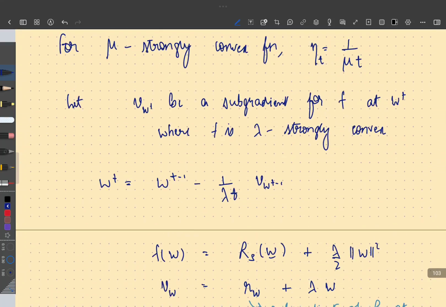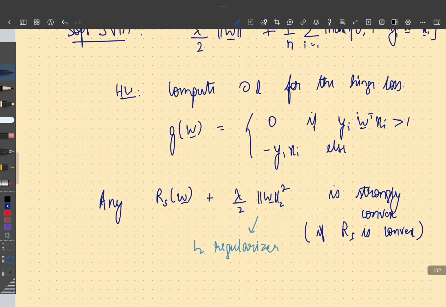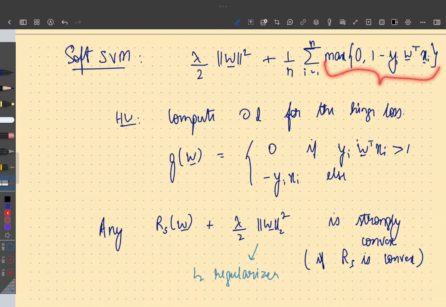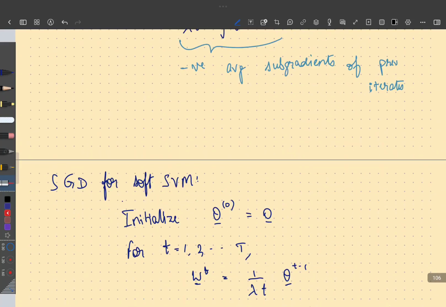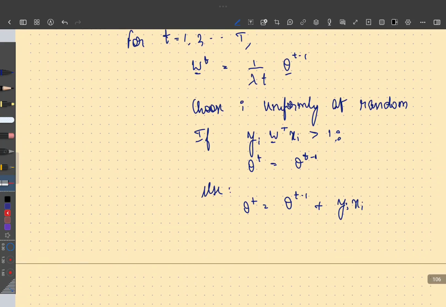Because, okay, basically the subgradient is minus y_i x_i for a given data point. So I'm talking about the subgradients of each of these individual loss functions. So the subgradient is minus y_i x_i, and here I'm taking w_t to be just the average, 1 by lambda t times theta_{t-1}.